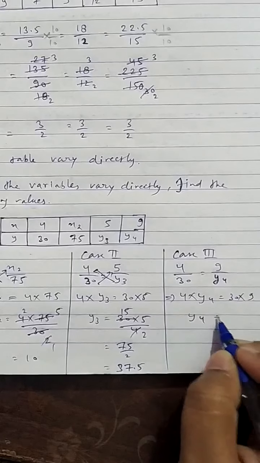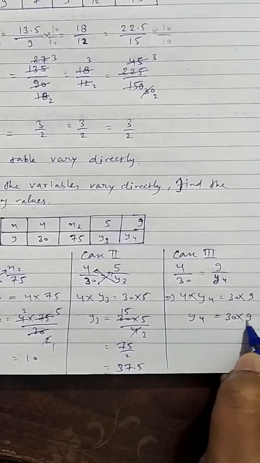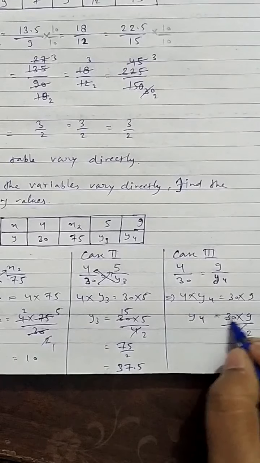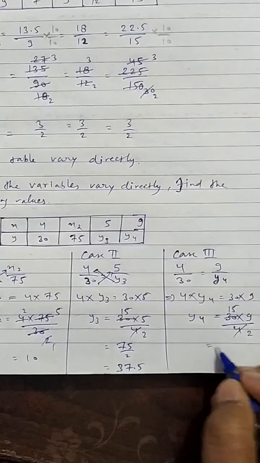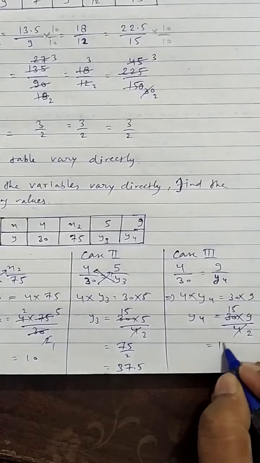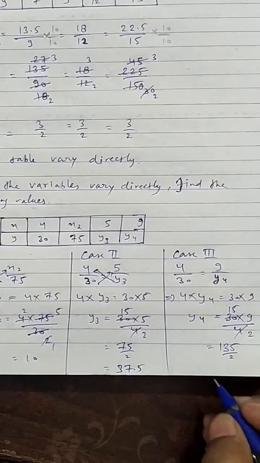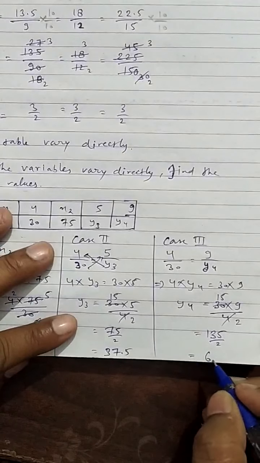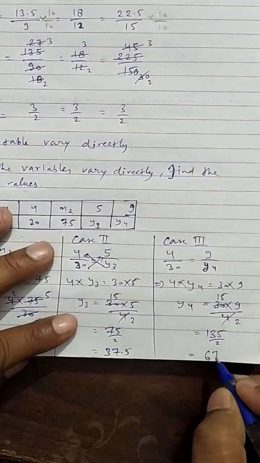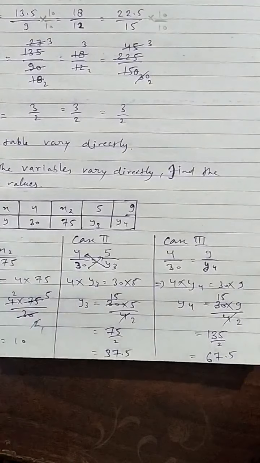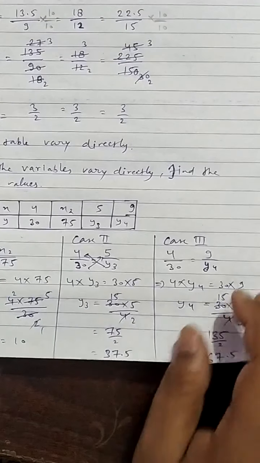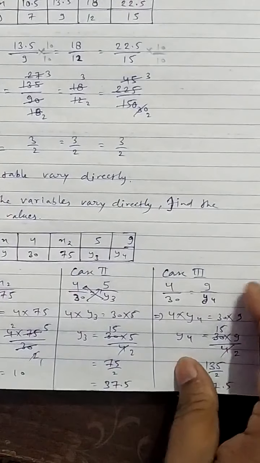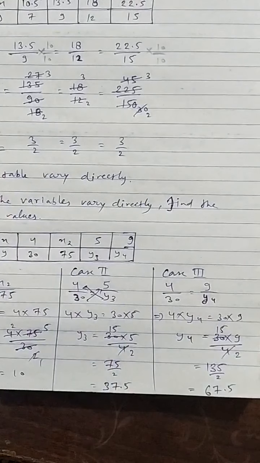So y4 equals 30 into 9 upon 4. 2 twos are 4, 2 fifteens are 30, 15 nines are 135 upon 2, and you get 67.5. You have to do these two questions first, and the next in the next video. Thank you.